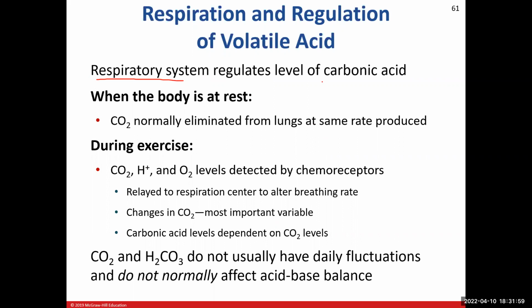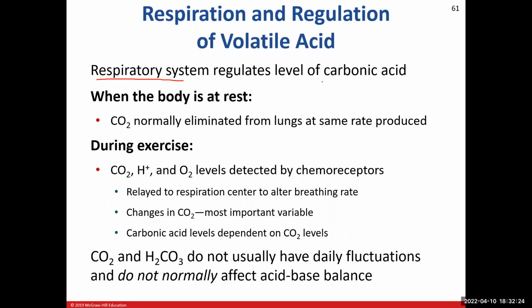So pretty much when you are sitting here watching this video, your body is going to get rid of the amount of carbon dioxide that it has produced at the same rate. So the carbon dioxide that you breathe out and how much you're producing through normal metabolic functions of just sitting here should be equal to one another.